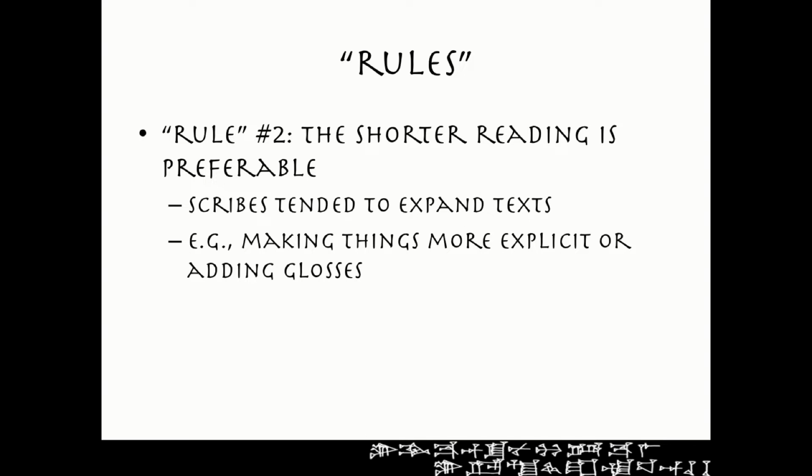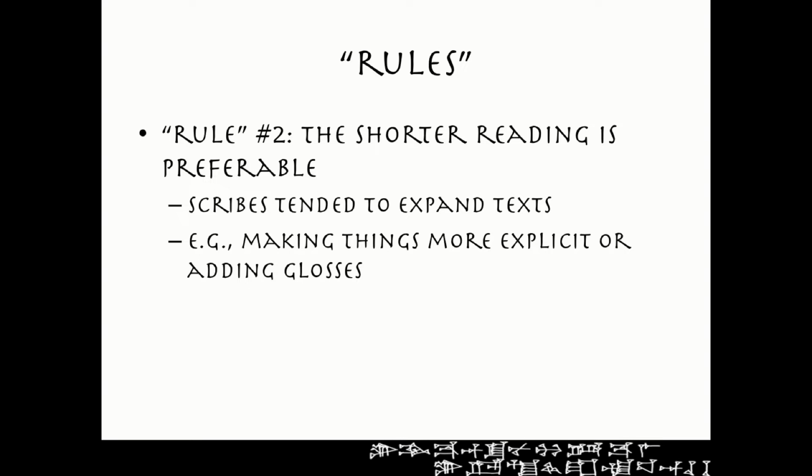Rule number 2, the shorter reading is preferable. Scribes tended to expand text, for example, making things more explicit, adding glosses. So, if they thought it was unclear what the subject of a sentence was, they might expand it in such a way to make sure that you understood that it was the subject or that it was the object.